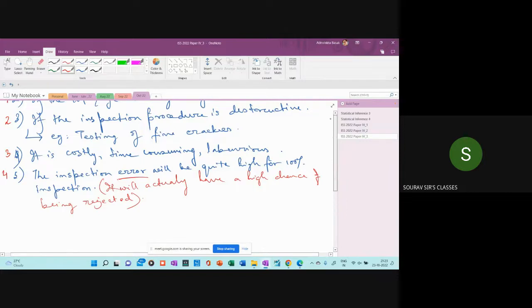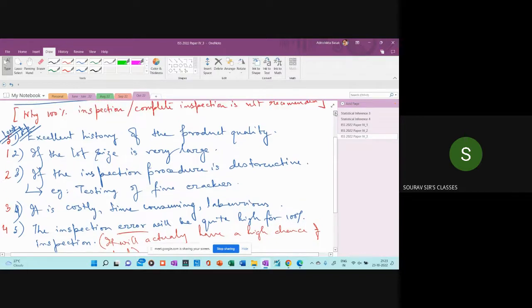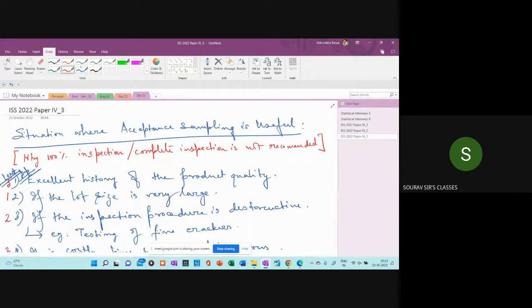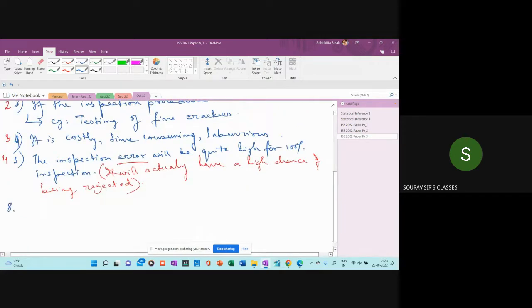Let me number this. 8C1. Now we will move on to 8C3. We will discuss the advantages and disadvantages later.